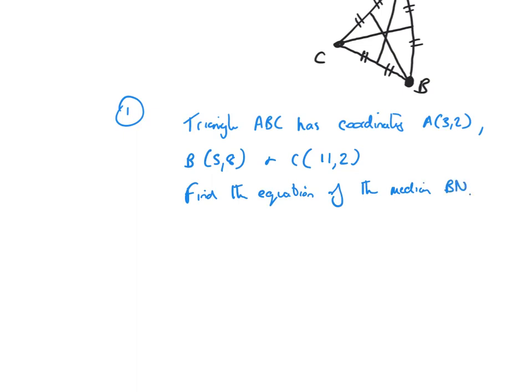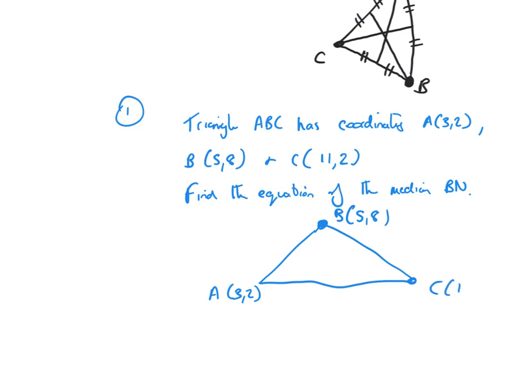Okay, so let's first of all draw out what that triangle might look like. There's the point B, which is (5,8). There's the point A, which is (3,2), and there is the point C, which is (11,2). Now let's sketch in what the median would look like.